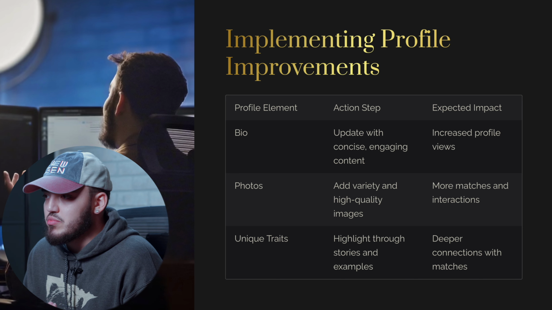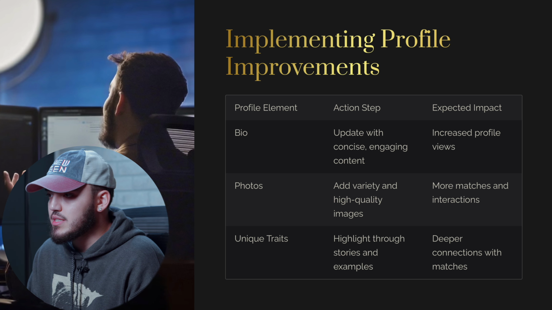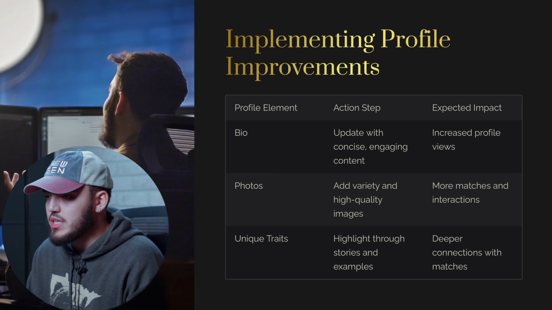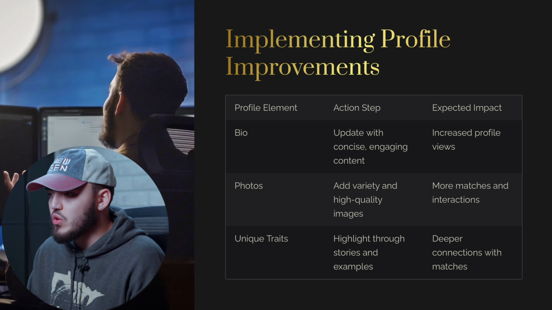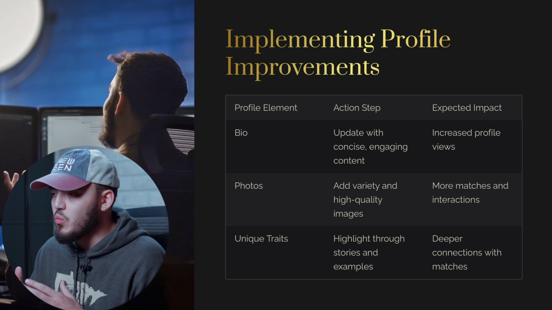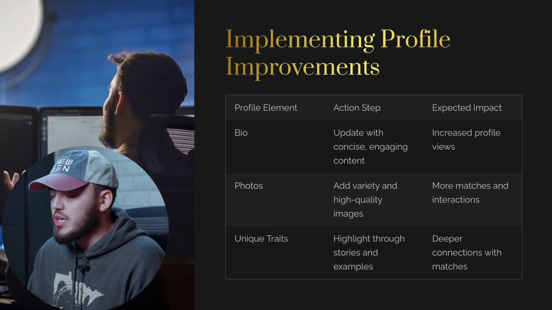Implementing profile improvements. So, profile element number 1, bio. Update with concise, engaging content. Photos. Add variety, high quality images, and emphasize your unique traits. Highlight through stories and examples depending on which application you're on, whether it's Hinge, Tinder, Bumble.